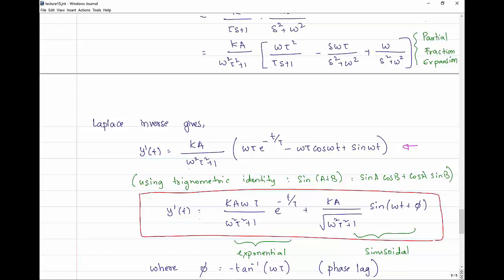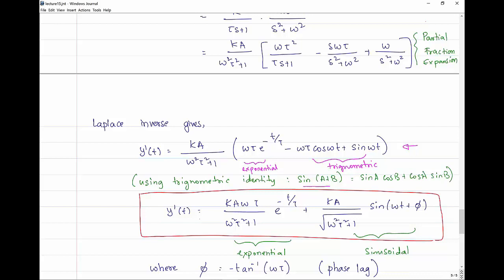Now what you will notice is that this response has two important modes or terms. This is an exponential term and there is a trigonometric term. The trigonometric term is responsible for oscillations in the response. And as you will notice from here, the exponential term eventually is going to go to 0 because it's stable.